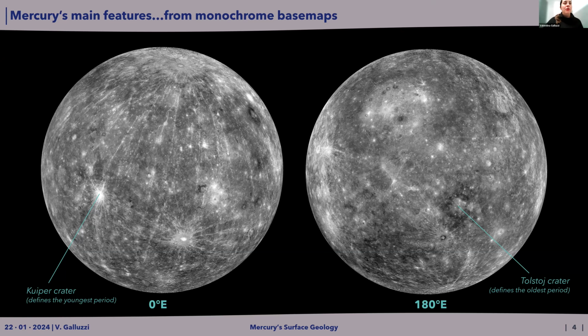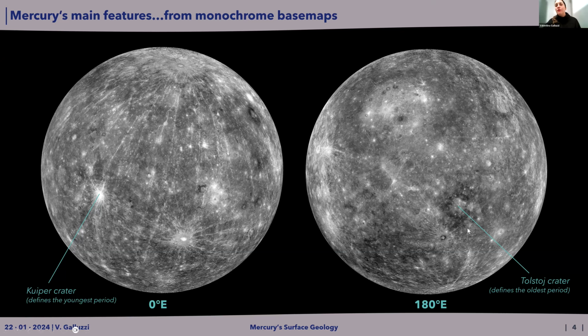And you can see on the hemisphere of Mercury centered at the prime meridian, you have this very bright fresh crater, which is the Kuiper crater. This crater and its rays define the youngest period of Mercury, which is called the Kuiperian period.